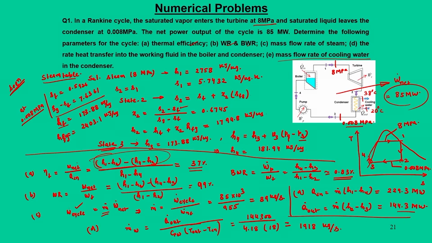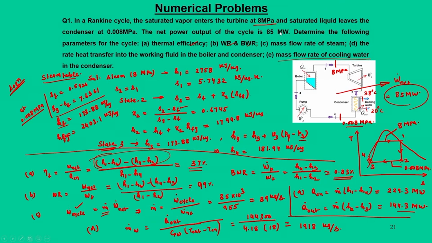So, what it says is that the steam flow rate or working fluid flow rate should be 89 kg per second, whereas for this 89 kg we require cooling water of 1918 kg per second. So, of course, this is a huge power plant producing 85 megawatt.